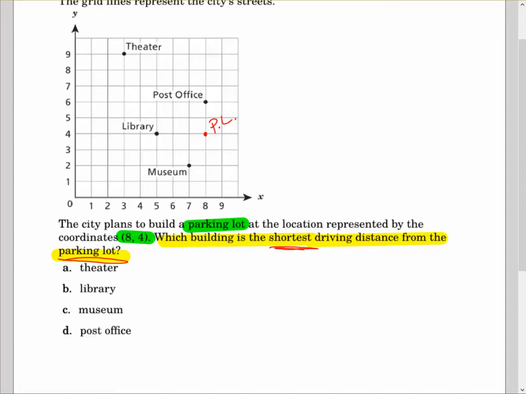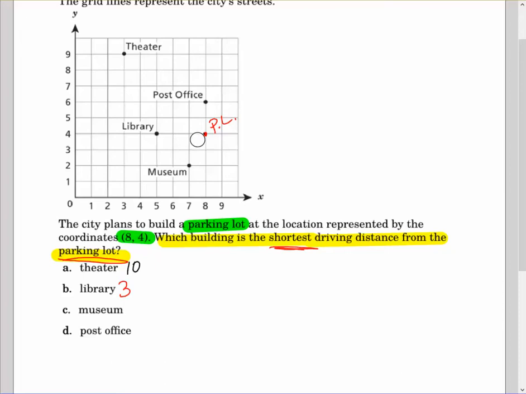So anyway, to get to the museum, for example, let's start with the theater. Choice A says theater. So look at the theater. You'd have to go 1, 2, 3, 4, 5, 6, 7, 8, 9, 10 units to get there. That's a drive or a walk. I guess you're parking. It'd be a walk. All right. Then the next one, the library, would be 1, 2, 3, right? So that's 3. Let's compare that now to the museum.